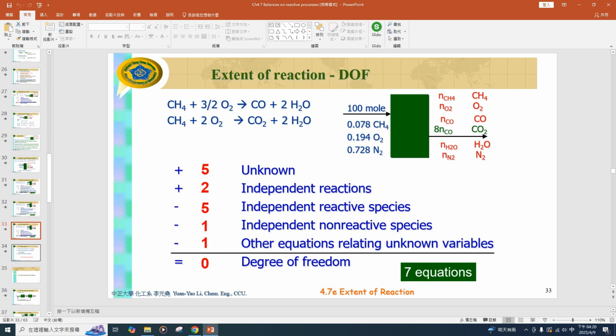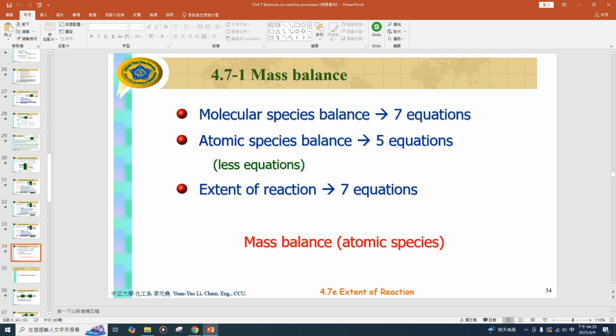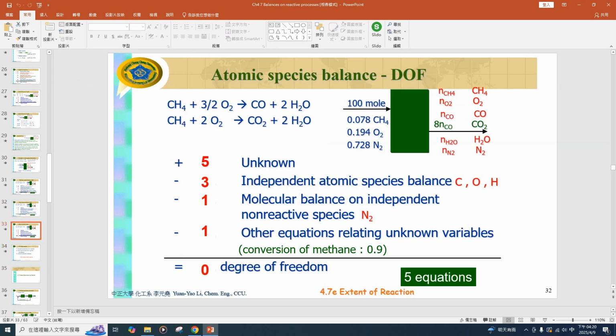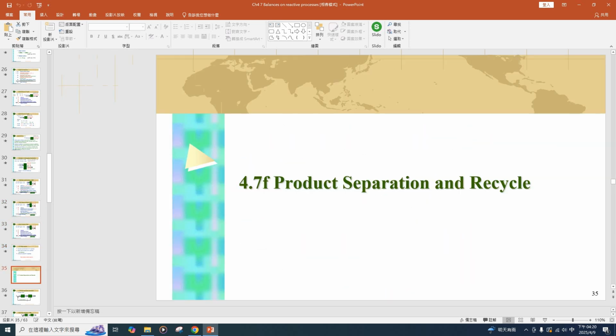In your midterm exam, we will have a question for you to do the mass balance, and that question will involve chemical reaction. So you need to remember how to do DOF first.